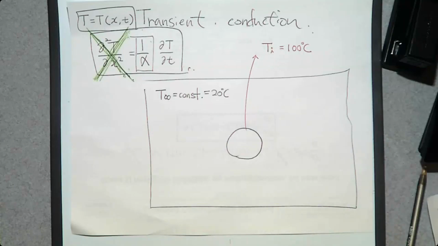And there are two different cases. If the conduction heat transfer in the solid is excellent, then there should be almost no temperature difference between the core of this solid and the surface of the solid.